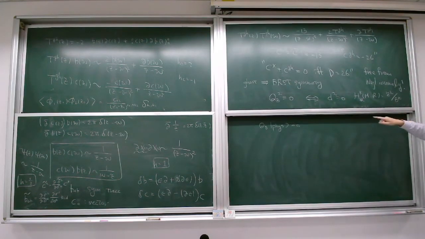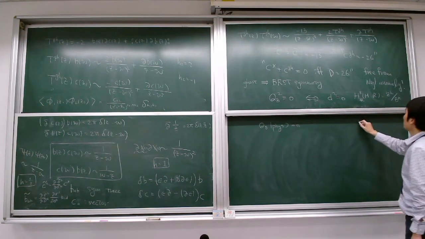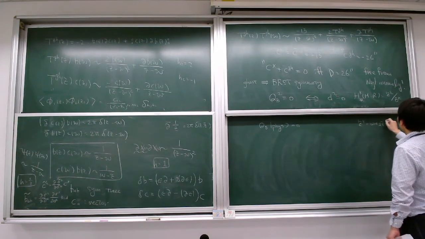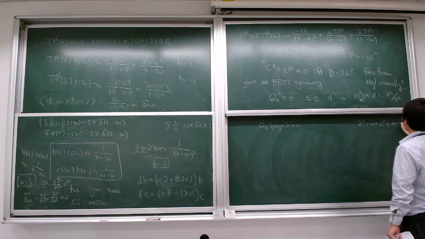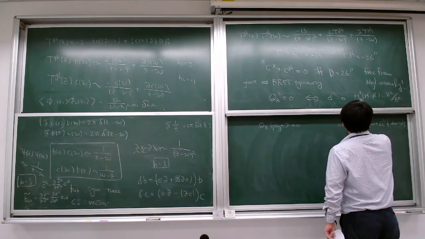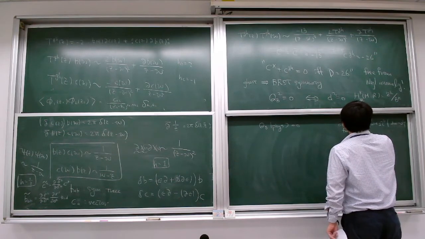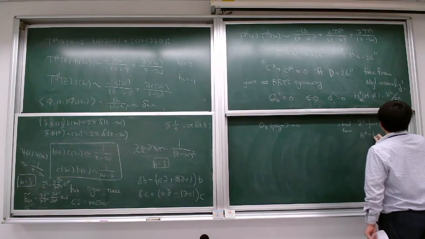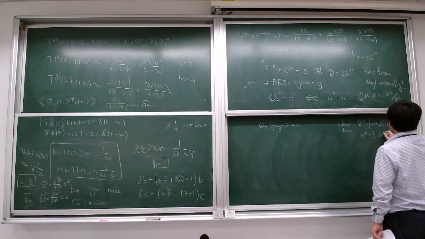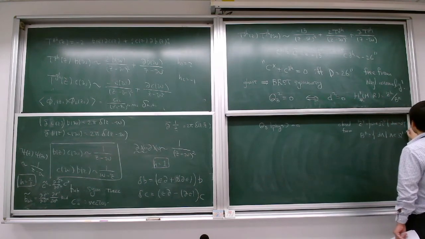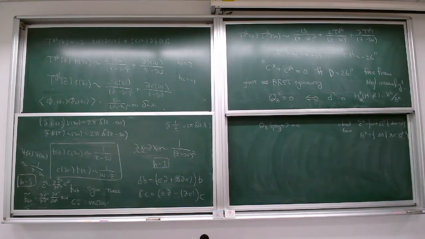I mean, Z^k is the closed forms: omega in Omega^k such that d omega equals 0. It's called a closed form. And B^k is the exact forms: d lambda such that lambda is in Omega^(k-1). So it's an exact form.